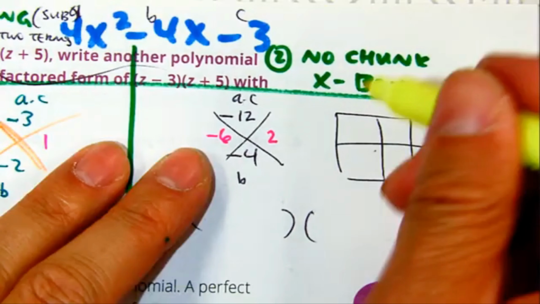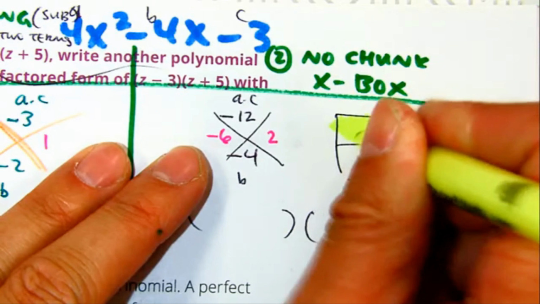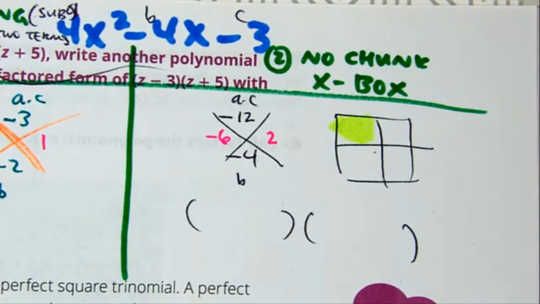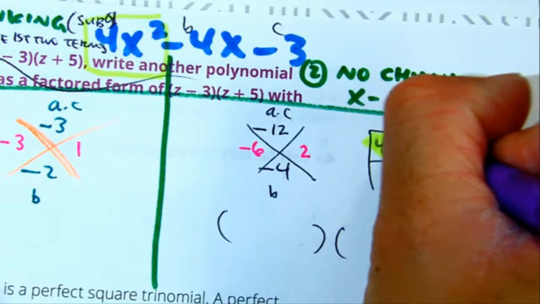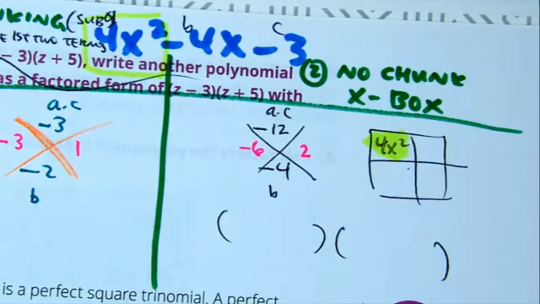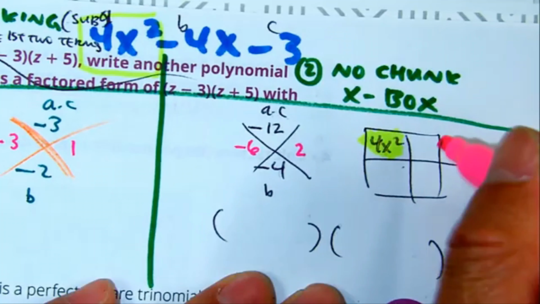Nathan, what always goes into the top left of the box? Yeah. So in this case, that'll be the 4x squared. So let's write that. Nathan, what always goes in pink here?